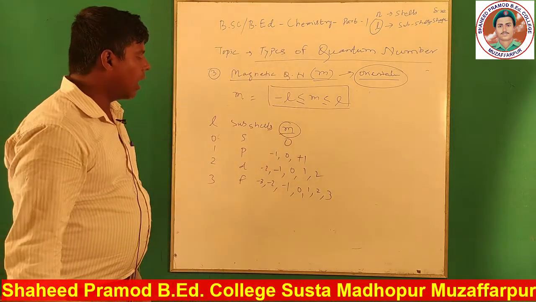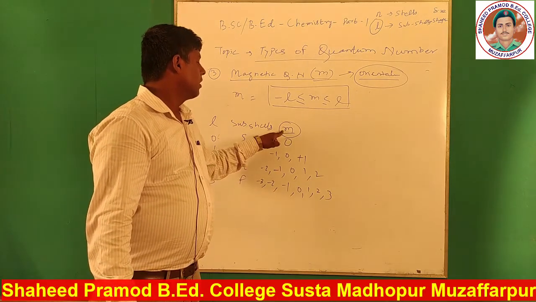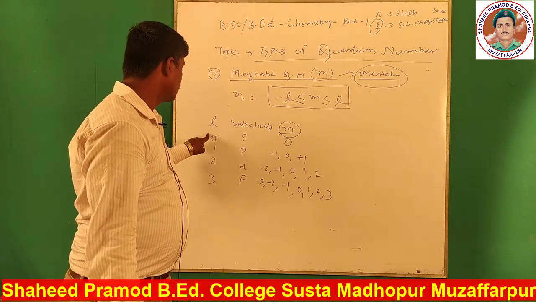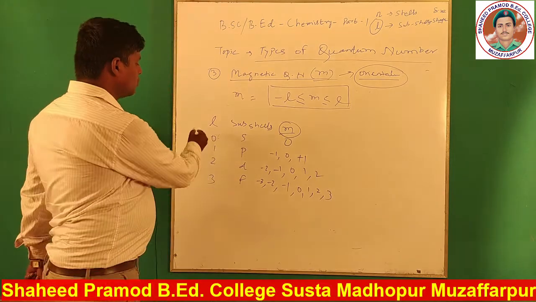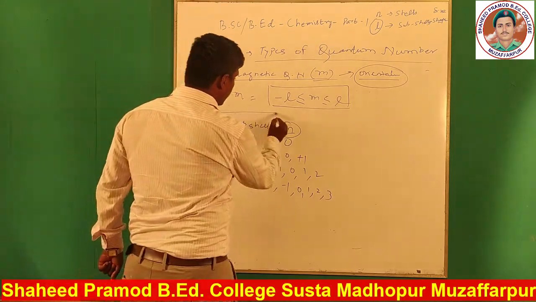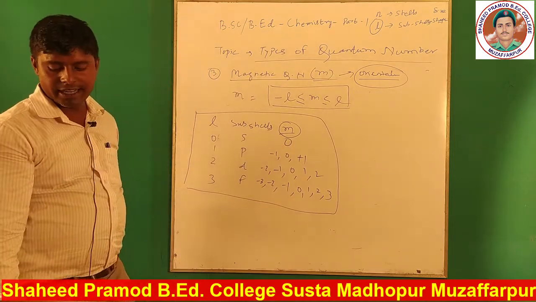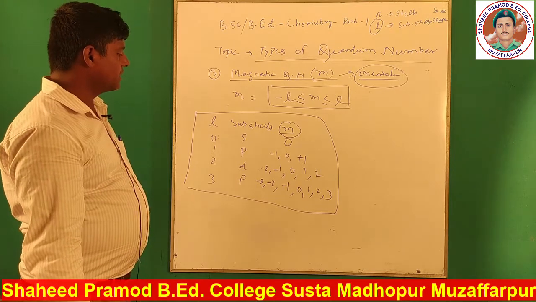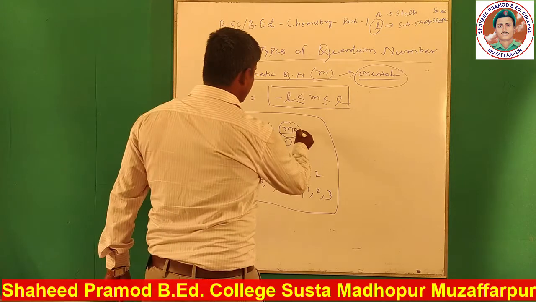So this is how we can calculate the values of M with respect to a particular value of azimuthal quantum number for these subcells. You can write down this table, it is very important. From this table you can easily calculate the number of magnetic quantum numbers.